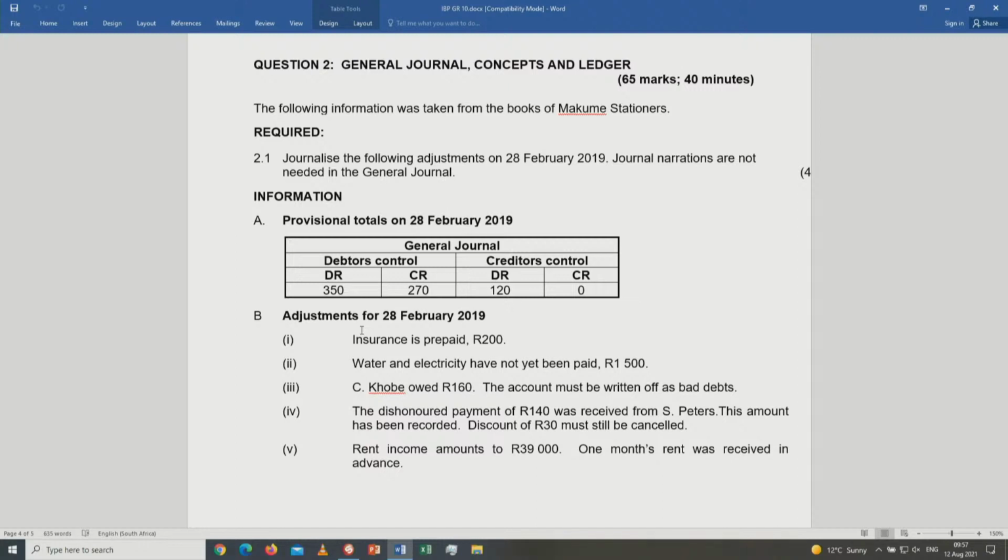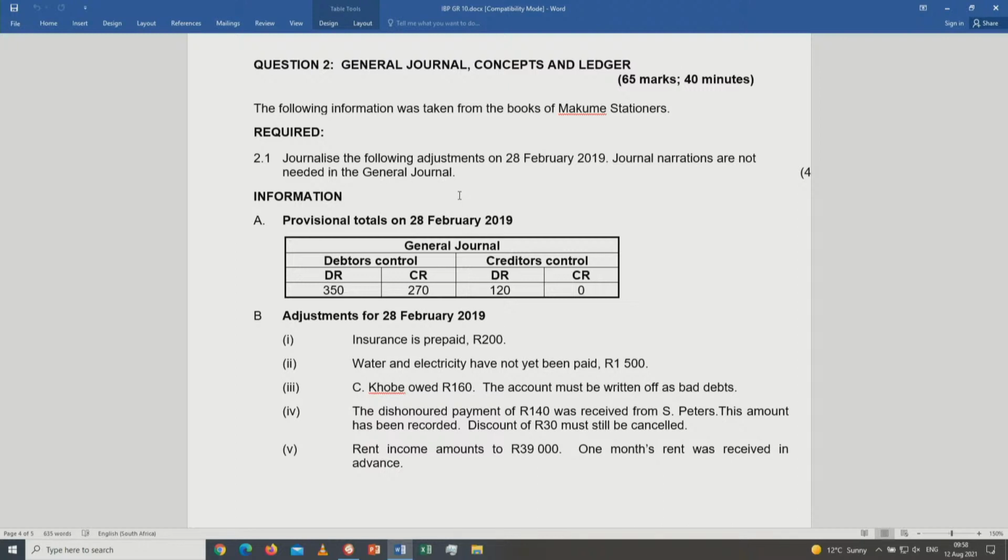So let's check this one here. 2.1 says to journalize the adjustments on 28 February 2019. General narrations are not needed in the general journal. And then we are given provisional totals, meaning we still have to adjust them using our adjustments. Now, number one, it is prepaid. Insurance is prepaid for 200 rand.